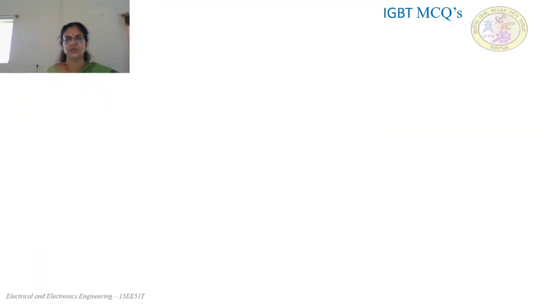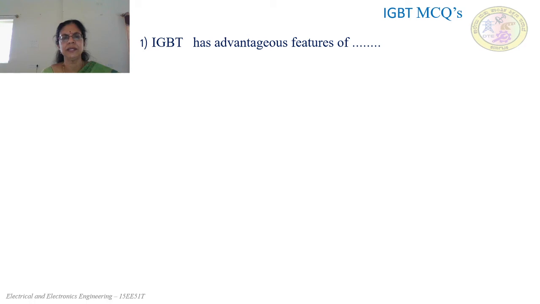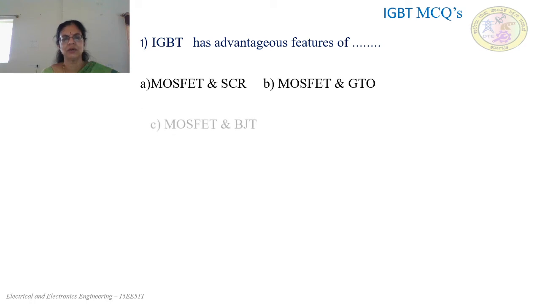Next, how much have you understood? As a check, we'll have some MCQs. IGBT has advantageous features of MOSFET and SCR, MOSFET and GTO, MOSFET and BJT. Answer: it is MOSFET and BJT.